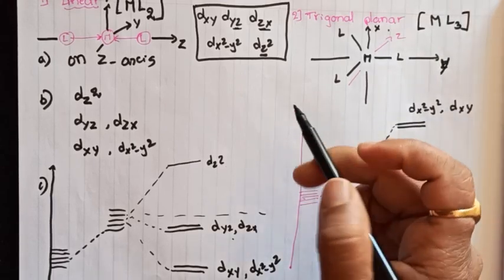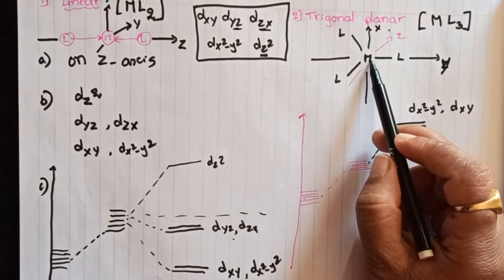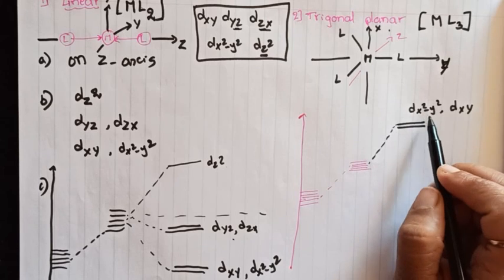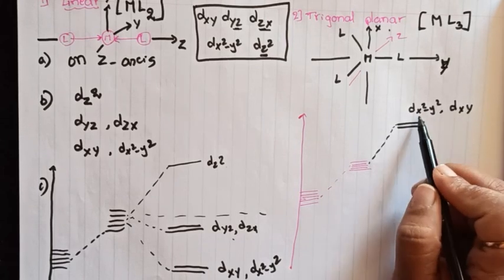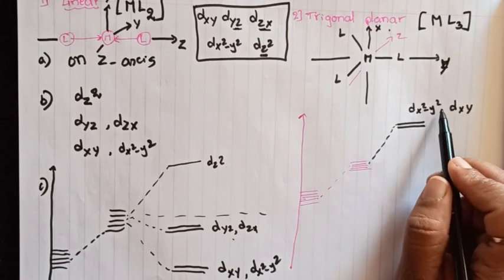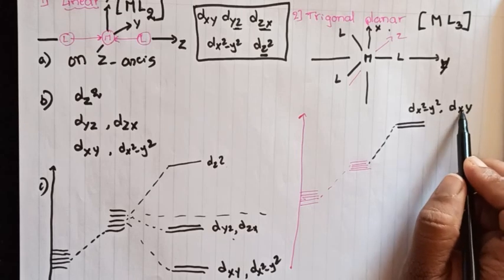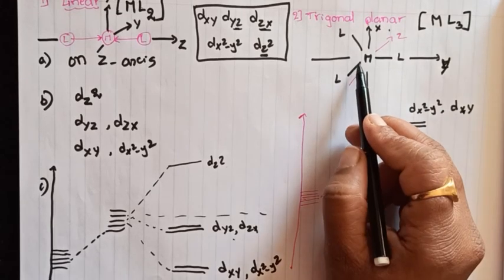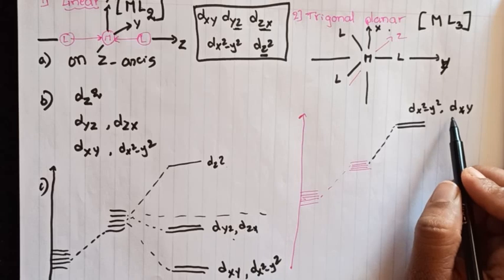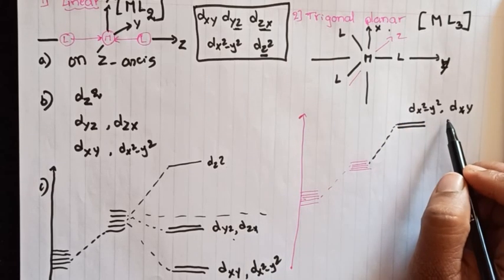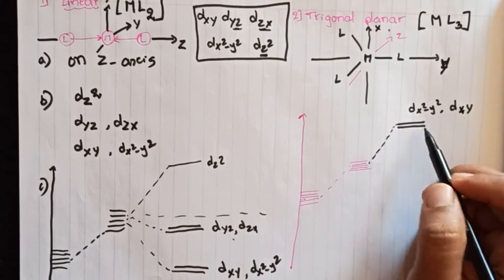Why? Here the 3 ligands surrounding the metal approach in the xy plane. So in the xy plane we have 2 metal d orbitals, dx square y square and dxy. Between these metal orbitals and the ligands there are repulsive forces. That's why they get higher energy.